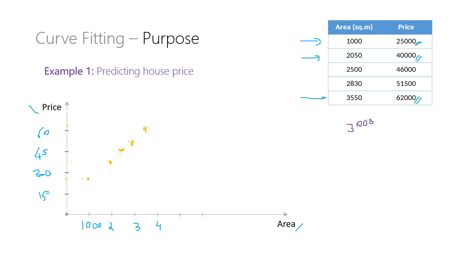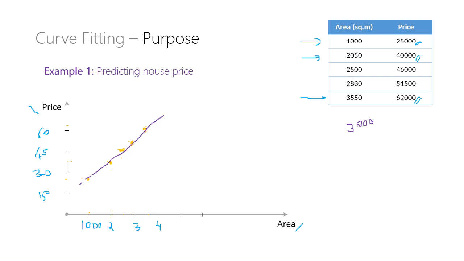And to do that, they try to plot a line. They try to fit a curve, maybe a line like that, that goes straight, or that passes through most of the points. And this line represents a trend between the price and area of a house.